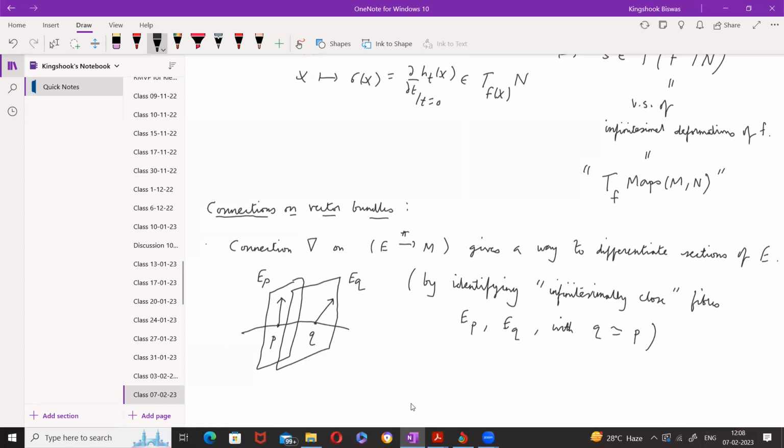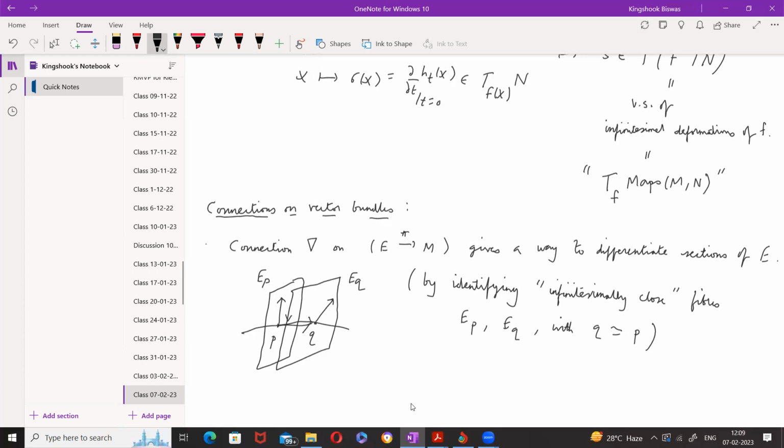It is very simple. We're just going to give a way to differentiate any section in the direction of any tangent vector V to the base. If I move along any direction in the base, then I should be able to differentiate my given section along that direction.